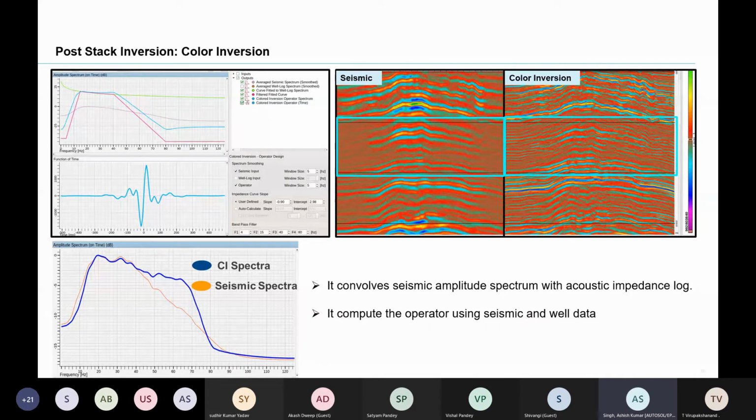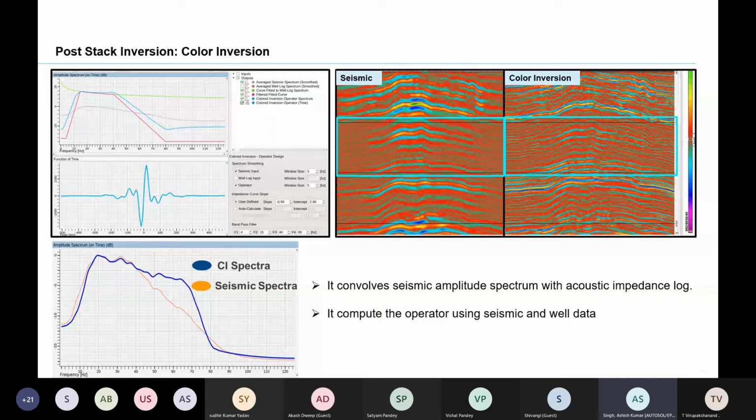Suppose you are generating the inversion operator. If the operator is not correct, what will you invert? You are going to invert your noise, right? So this is the disadvantage, and unnecessary frequency may be enhanced, which may not be present in the data. So from QC you have to make the seismic tie of the new inverted data, and if events are correlating, then it's fine.